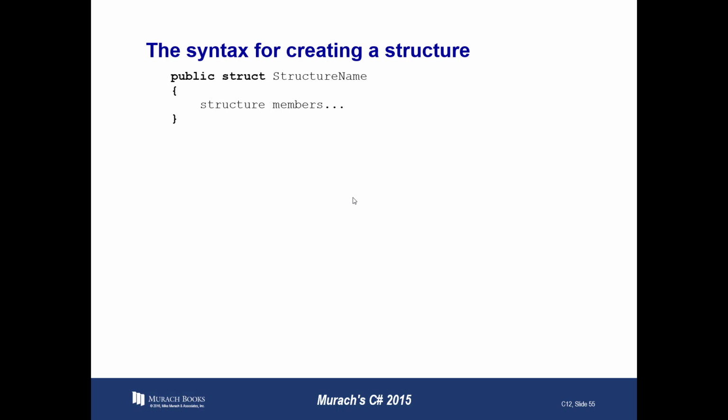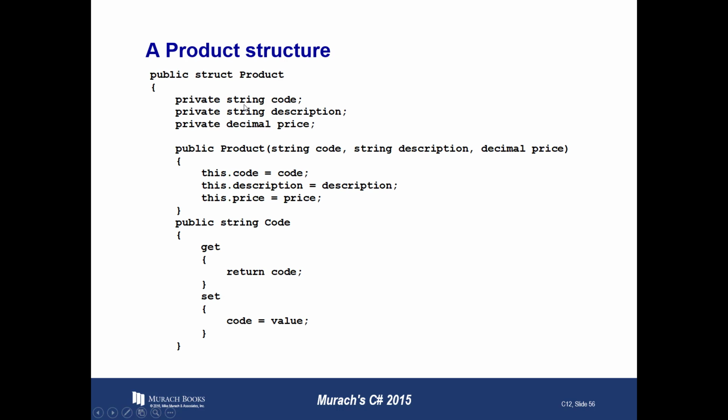I was always taught that a structure basically is like a record. So you can say public structure name. They're not, for lack of better words, as strong as classes.